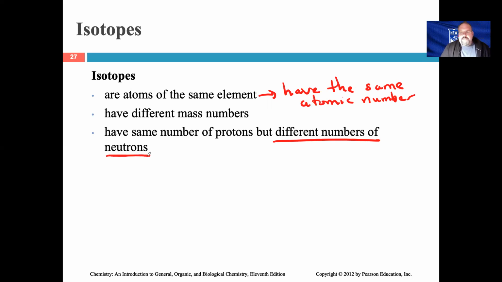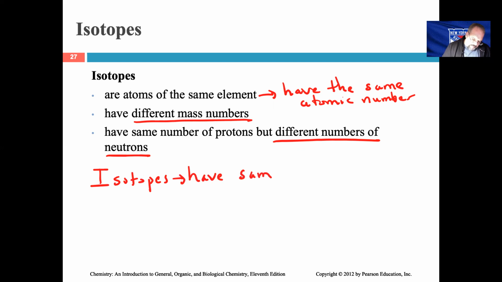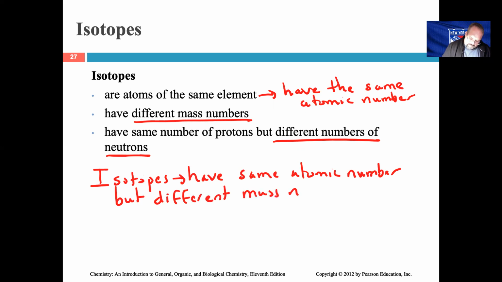And because they have different numbers of neutrons, the mass numbers for isotopes of an element are different. So your isotopes have the same atomic number, but different mass numbers.